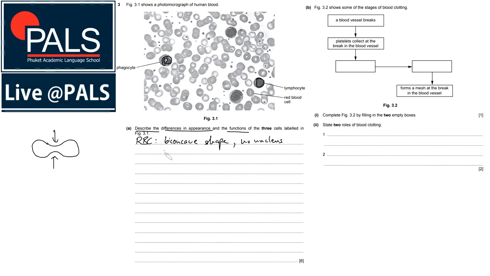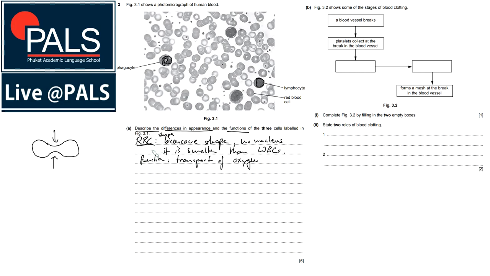And it is smaller than the white blood cells. So this is for shape. Its function is the transport of oxygen.